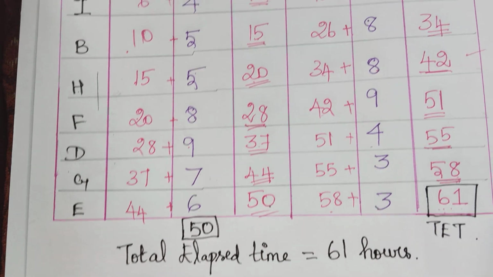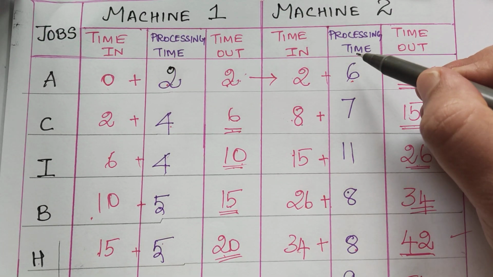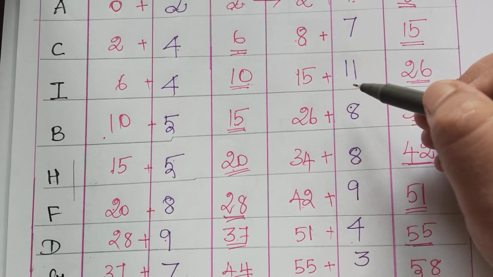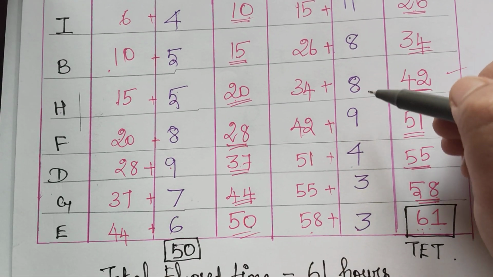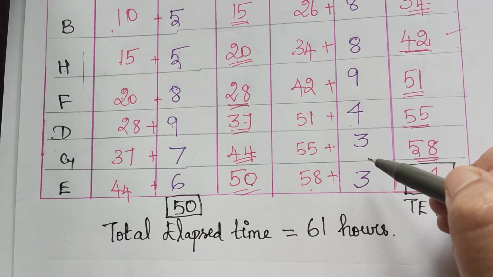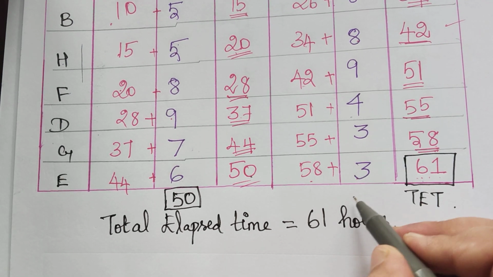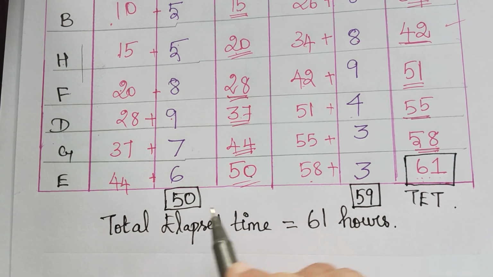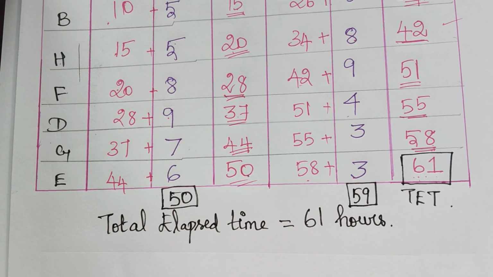In a similar manner, you should add all the processing times for mission 2. So 6 plus 7 plus 11 plus 8 plus 8 plus 9 plus 4 plus 3 plus 3, and that is 59. So we have added up all the processing times in order to calculate the idle time.